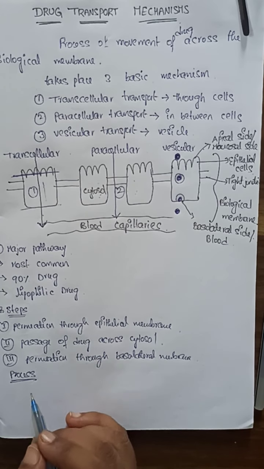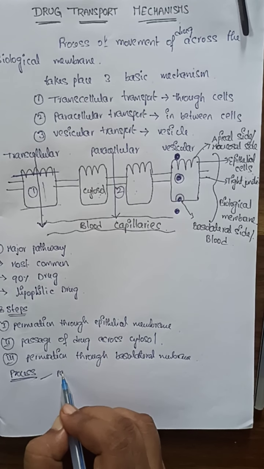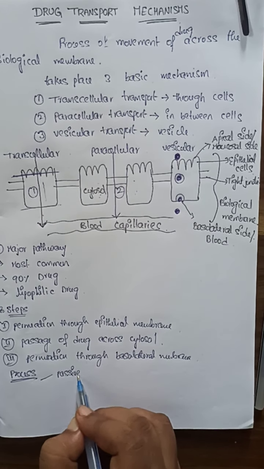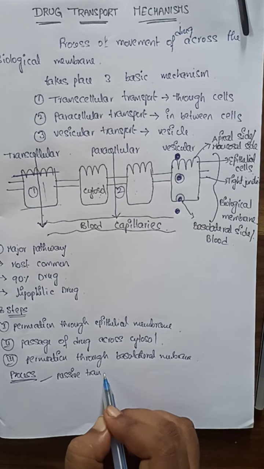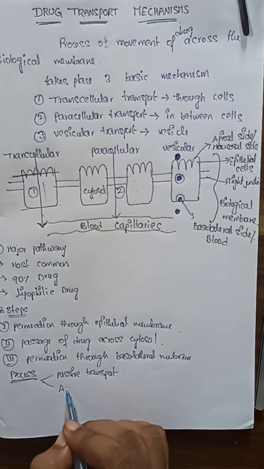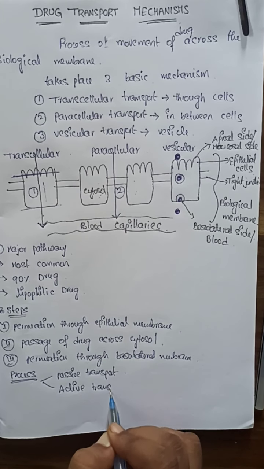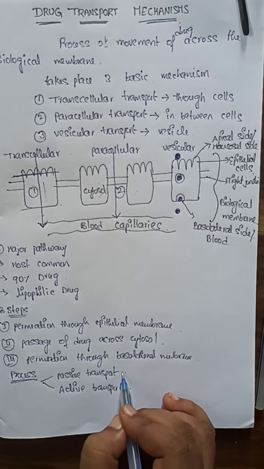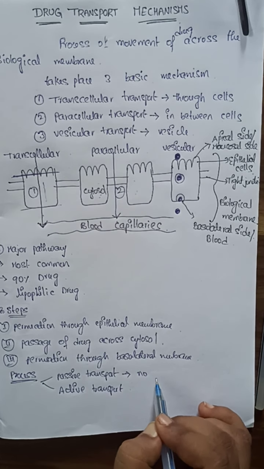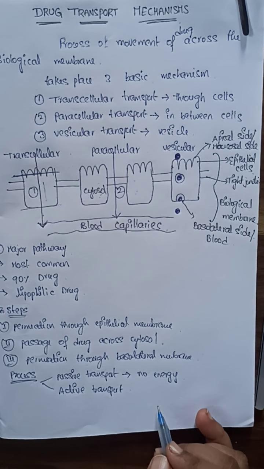Those are broadly divided into two types. One is passive transcellular transport, and the second one is active transport. The name itself indicates passive transport means there is no energy involvement.